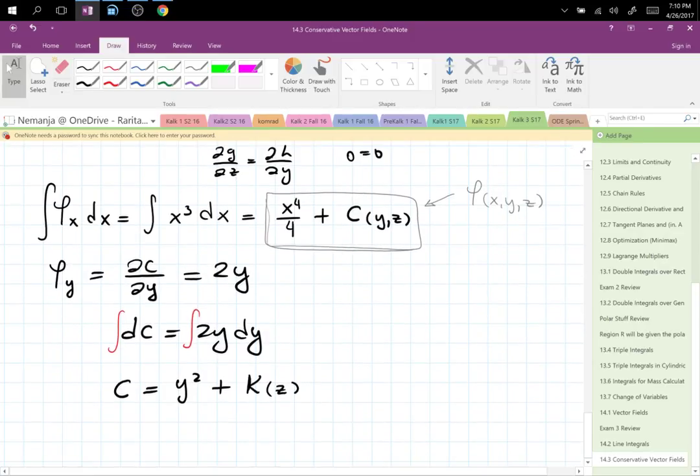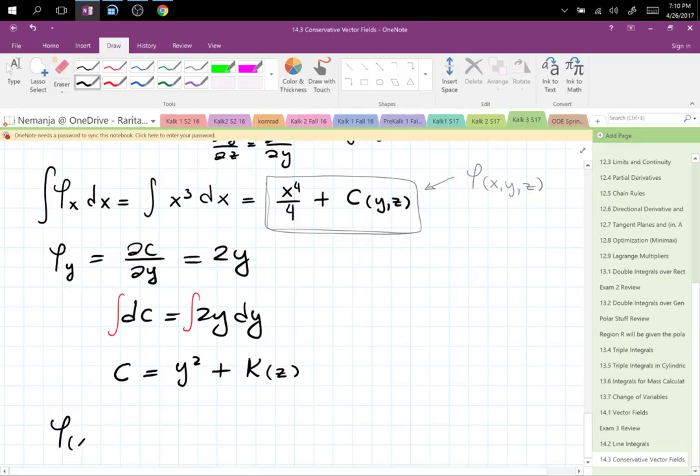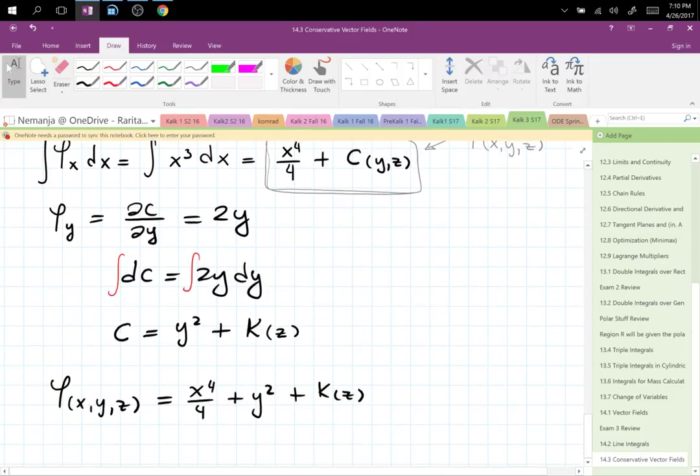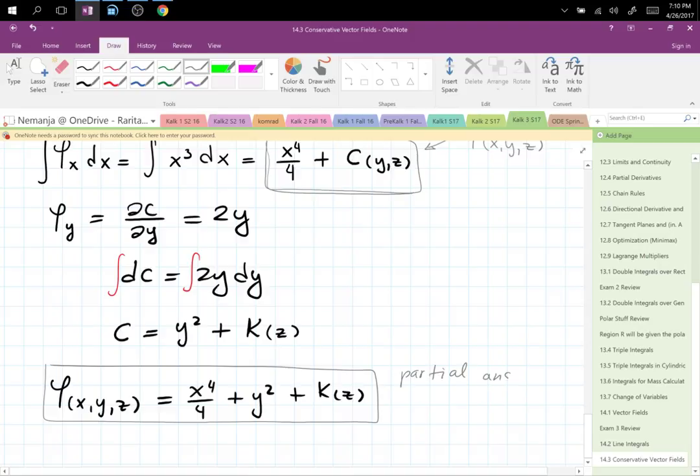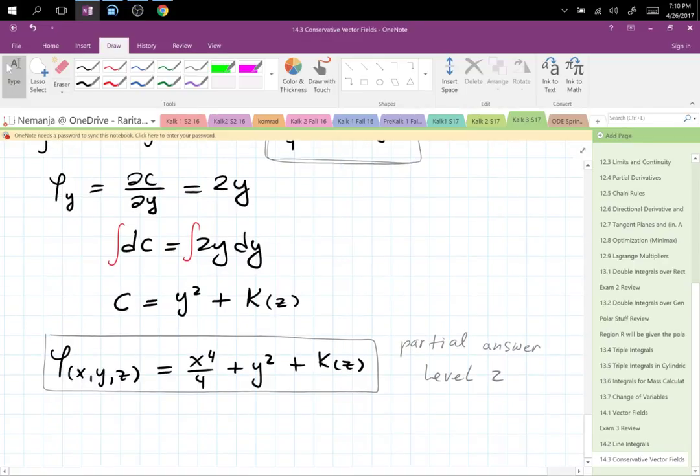And then you use that to substitute. So now, as you can see, I have a better answer for phi. I have x to the 4 over 4, I am adding y squared to the mix, and I still have this k of z to deal with. So now this is, again, a partial answer, level 2. That was level 1 up there. So I'm going to differentiate this with respect to z.